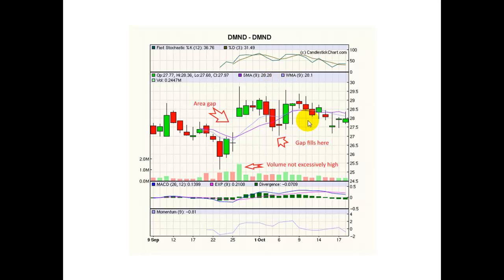Now it's important to know that gaps are not an uncommon phenomenon. Gaps occur about 150 times per day. In other words, there's about 150 different stocks per day that experience a gap. Some of the gaps go up, some of the gaps go down. A lot of them are these area gaps that you can be pretty confident will fill.